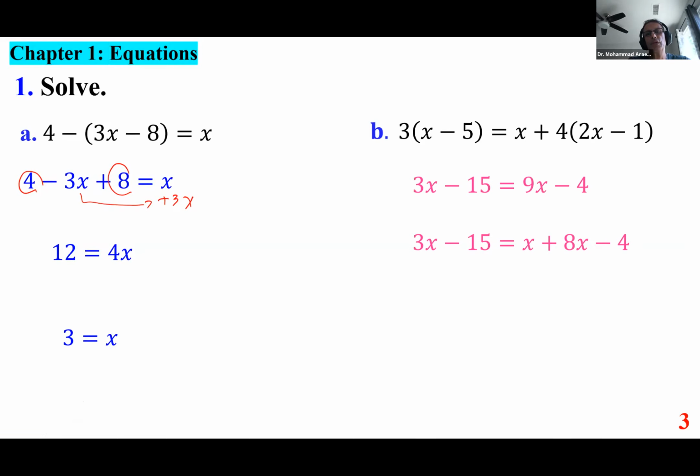We can move the 3x, make it negative 3x, and move the negative 4, make it positive 4. We end up with negative 11x equals 6x. Division by 6 gives us the final answer.